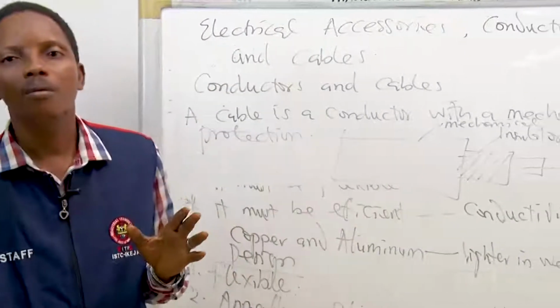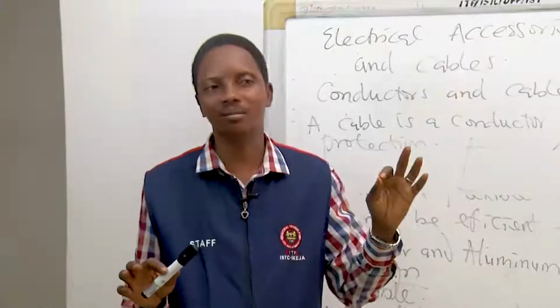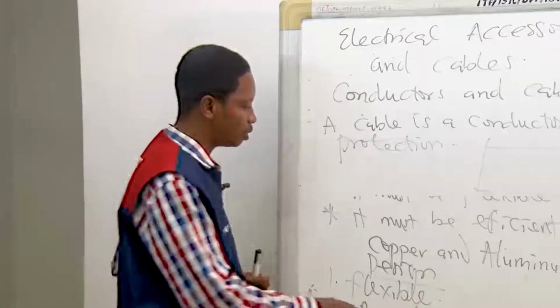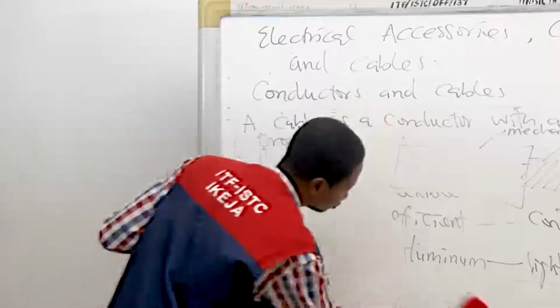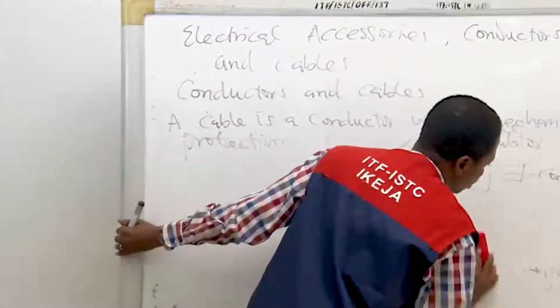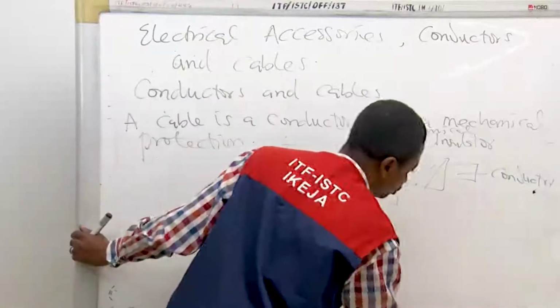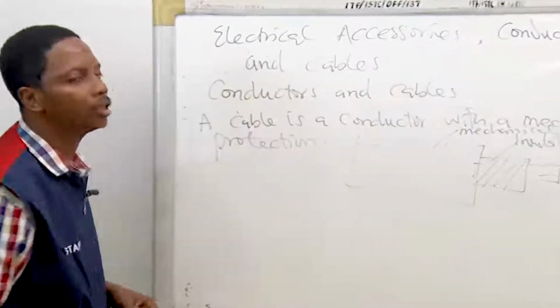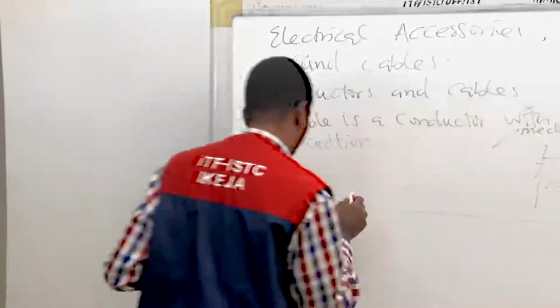Now, selection of a cable is very important. Now this will take us to selection of cables. According to IEE, I'm going to give us selection based on IEE recommendation.